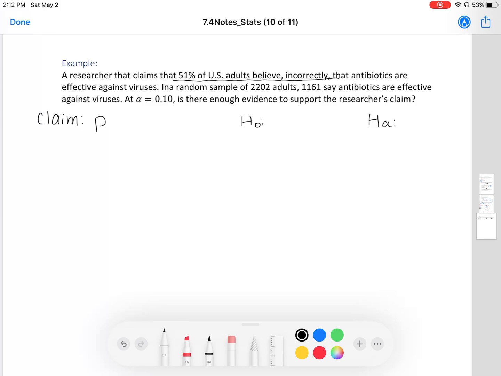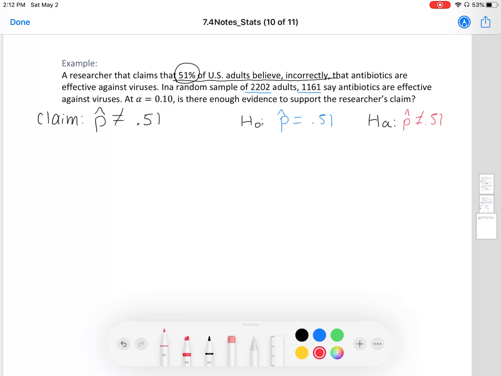So our claim is p is not equal to 51%. All right, and that's giving us our alternative. So we want to write p is not equal to 0.51. And so that leaves our null to be p equal to 0.51. All right, we have our sample size and the number of successes. Let's go ahead and fill in our information.